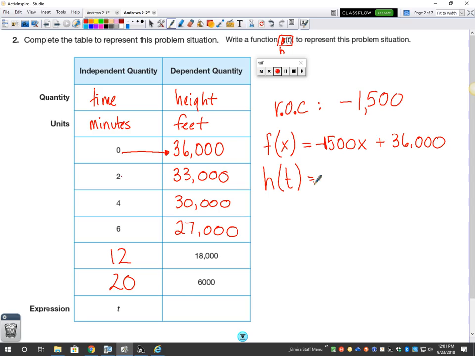So if f of x represented the first function about the airplane, and now we're writing a second function about it, they're using the letter g because g comes after f in the alphabet. So I'm just going to take it a step further and say h of t equals negative 1,500, but since I use t in the parentheses here, I need to use t here, plus 36,000. Okay, so that is our function.